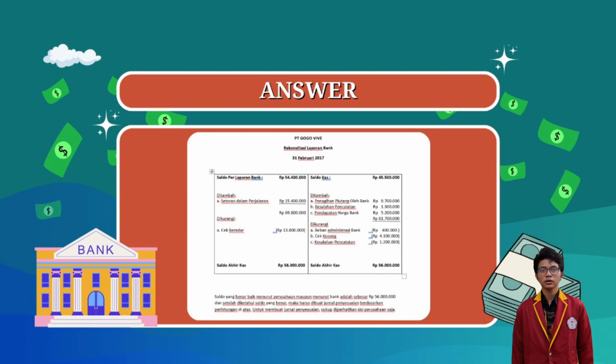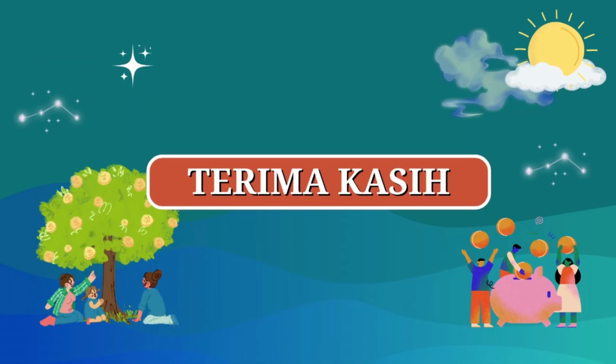Then, subtracting administrative fees, NSF checks, and recording errors results in 56 million Indonesian rupiah. Finally, the bank records, once adjusted, also show an ending balance of 56 million Indonesian rupiah.